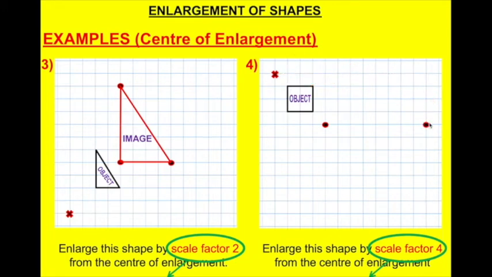Let's pick another point, and this point from the center of enlargement is 1 unit to the right and 3 units down, and we multiply both of them by 4 to get 4 units to the right and 12 units down. Same thing to the last point.